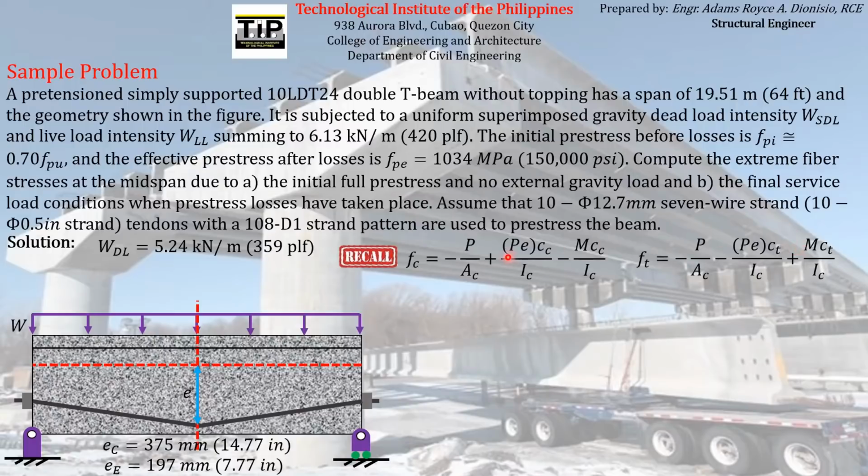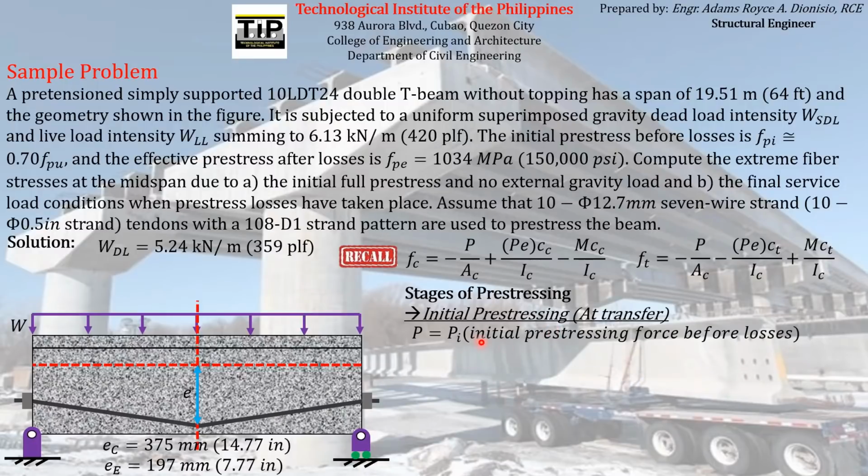So the only unknown parameters here, in order for us to compute the stresses at the extreme fiber of the concrete element, are P and M. If you can remember, P and M at the initial pre-stressing stage at transfer have a value of Pi for the case of P and 0 for the case of M.